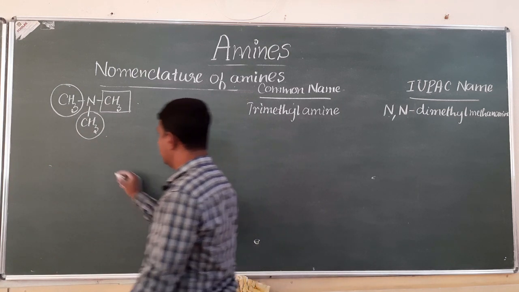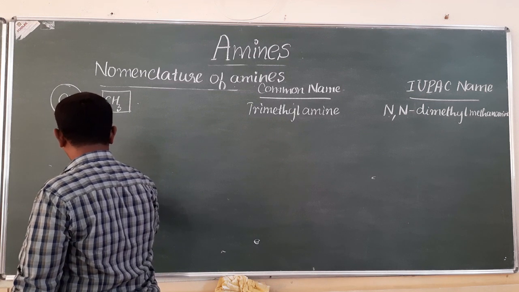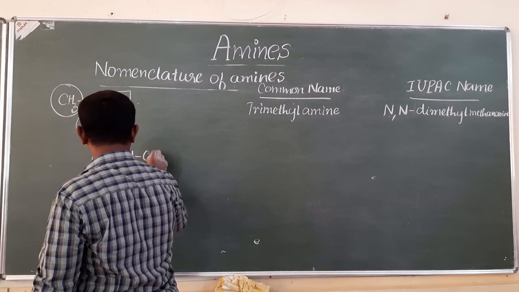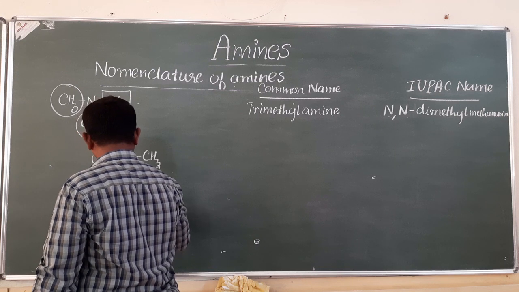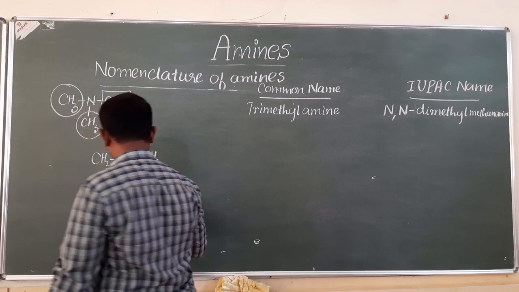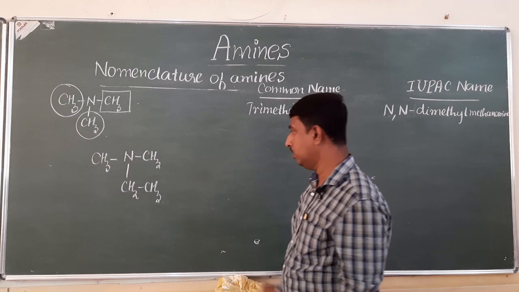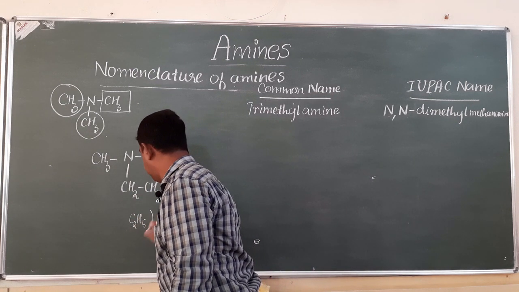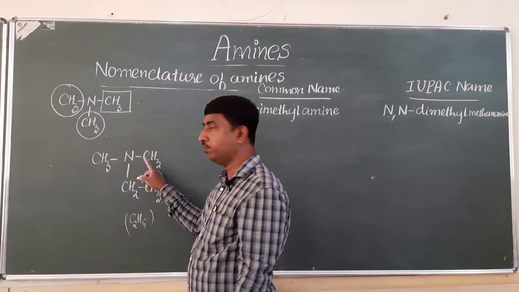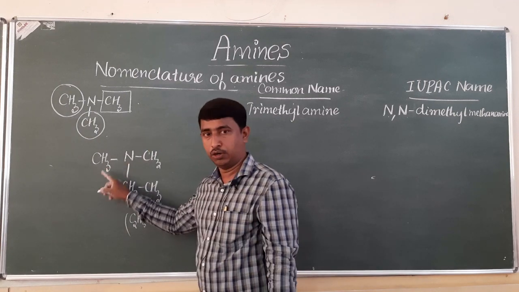Next example. CH3 N CH3 CH2 CH3. This is the ethyl group, C2H5, and this is the methyl group.